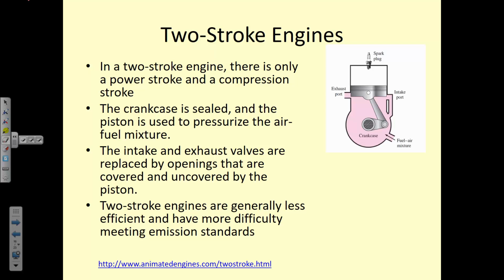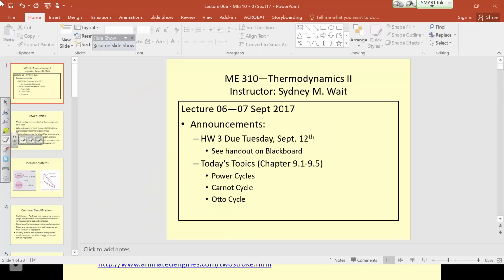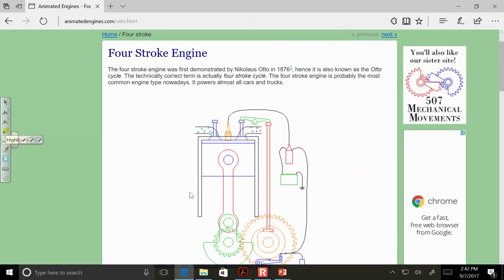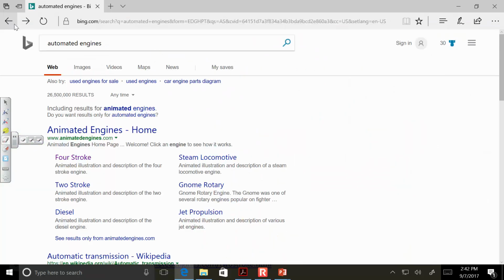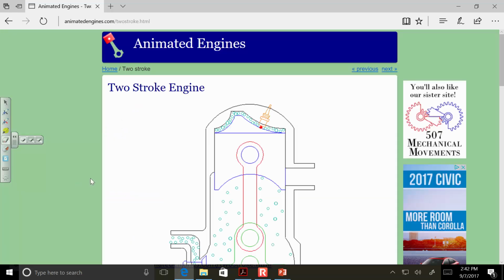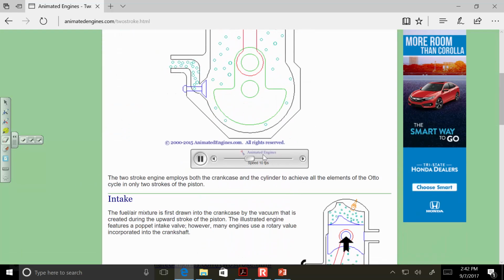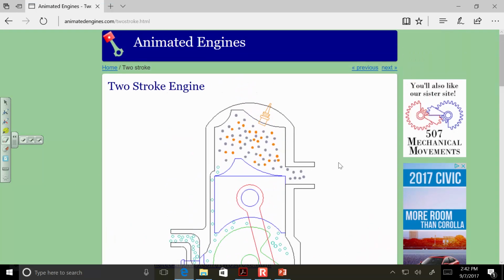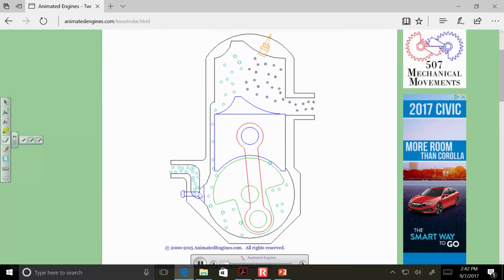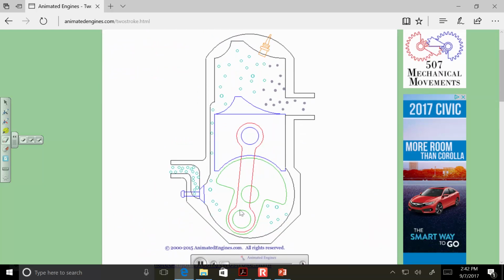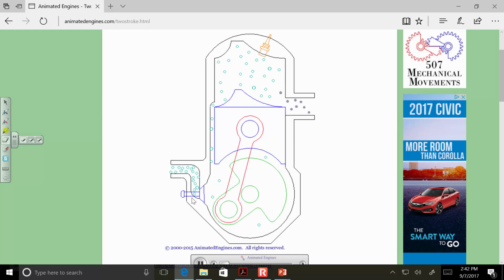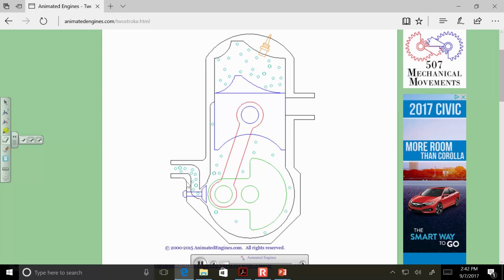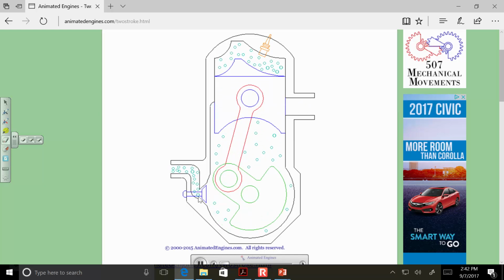The 2-stroke engine does the same thing, but only in 2 strokes. So if we look at the animated 2-stroke engine, you can see that this crankshaft here is sealed, and there's this little valve here that's covered and uncovered by the piston.